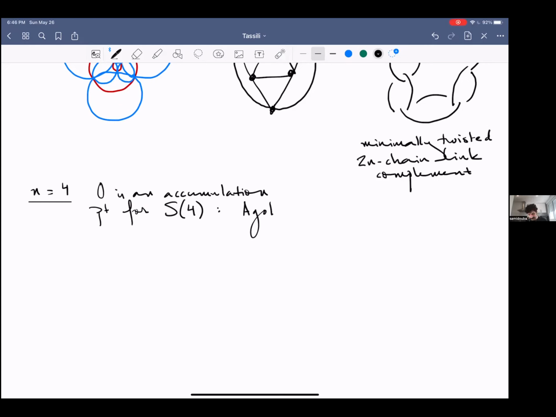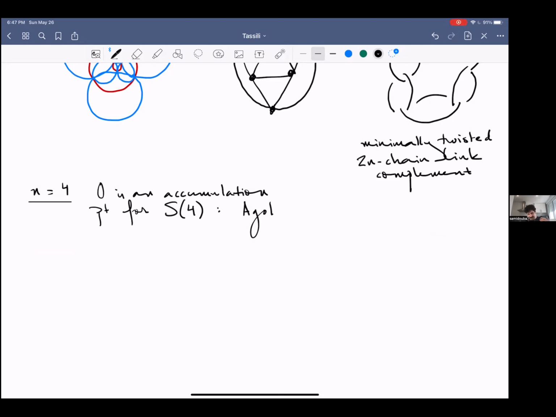But in fact, Agol proposed a strategy that was general. It's just that he lacked some properties of arithmetic lattices in higher dimensions that hadn't been established yet.